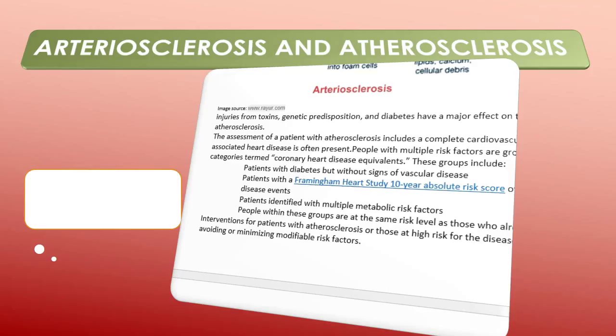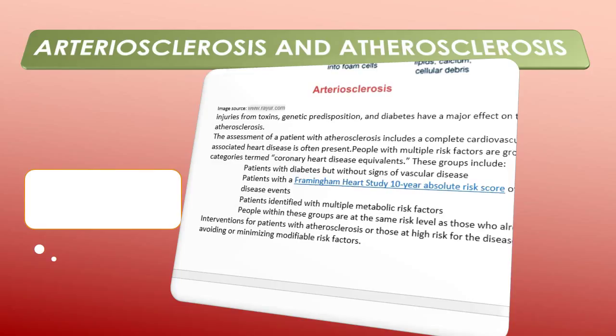I have a link available for you in my notes to see how this is scored. Patients identified with multiple metabolic risk factors, people within these groups, are at the same risk level as those that already have vascular disease.